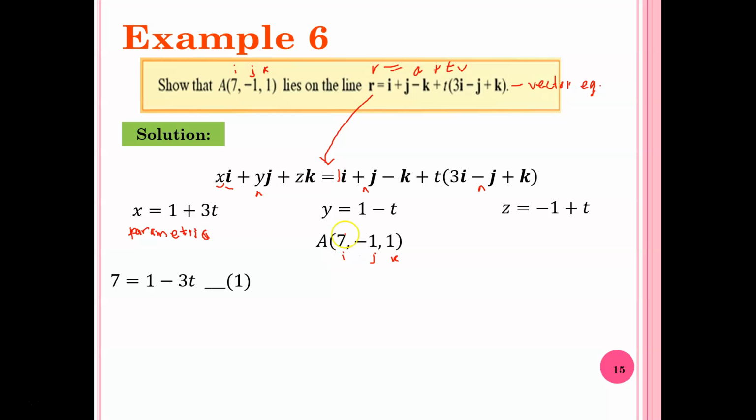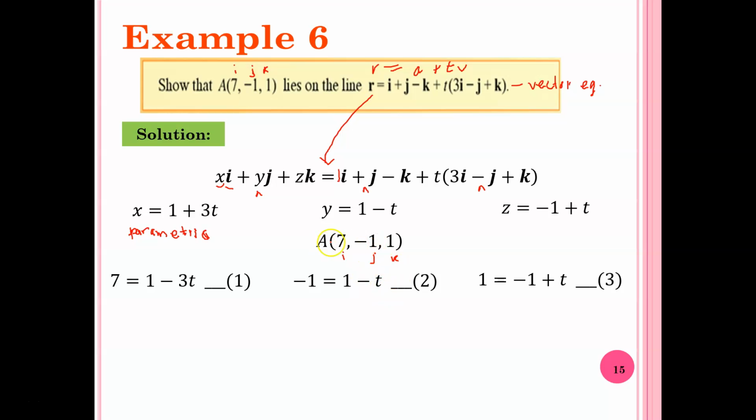So you can equating this I, coefficient untuk I ni adalah 7. So 7 equal to 1 minus 3t. Okay. And the second one is like that and the third one like that.